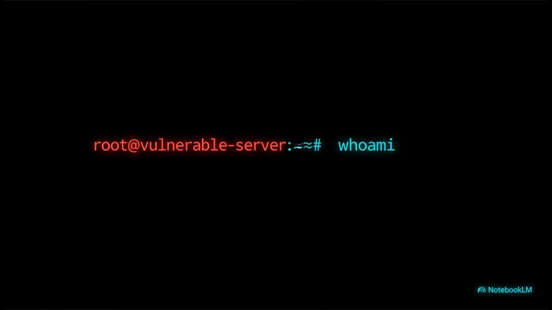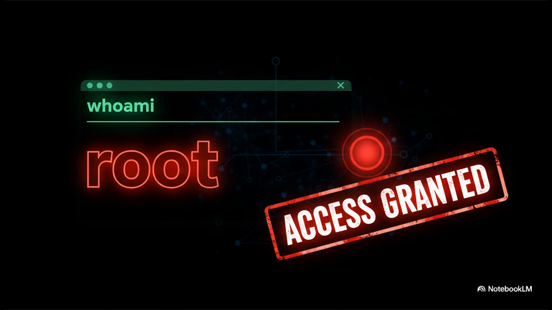And boom, just like that, the attacker gets a shell prompt. No password, no login screen, nothing. So what's the first thing you do when you get a shell? You run whoami to see who you are. And there it is. The system replies, root. They have complete, total control of the machine. The attacker now owns this box, plain and simple.